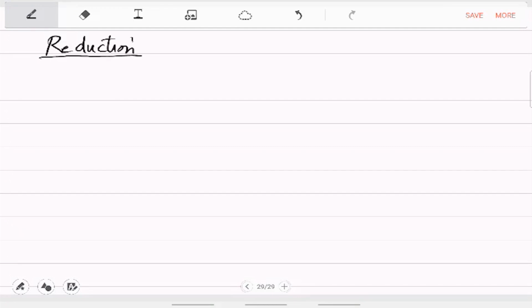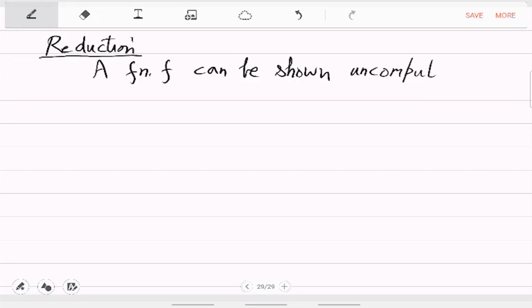let me define the notion of reduction. How to compare problems that are computable, in an equal way. We are still in this possibly uncomputability regime.